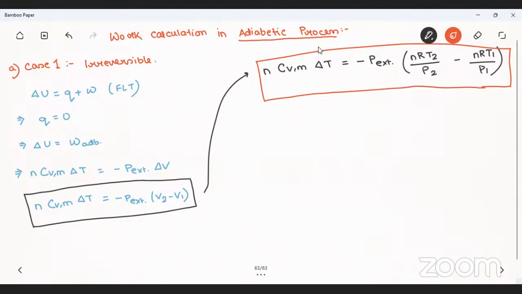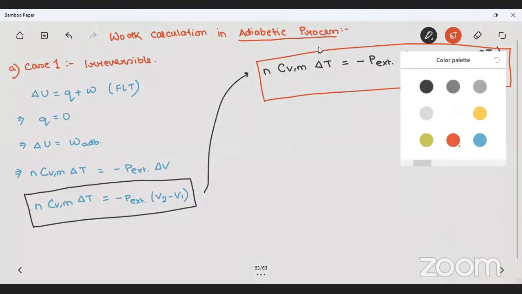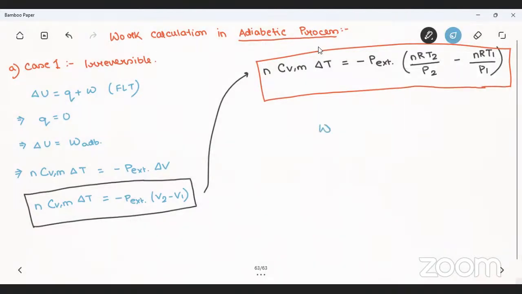If the final temperature and the initial temperature are already mentioned, then for an irreversible process you can calculate the work by W equals n CV delta T. But in most cases the final temperature, or the initial temperature, is not given.